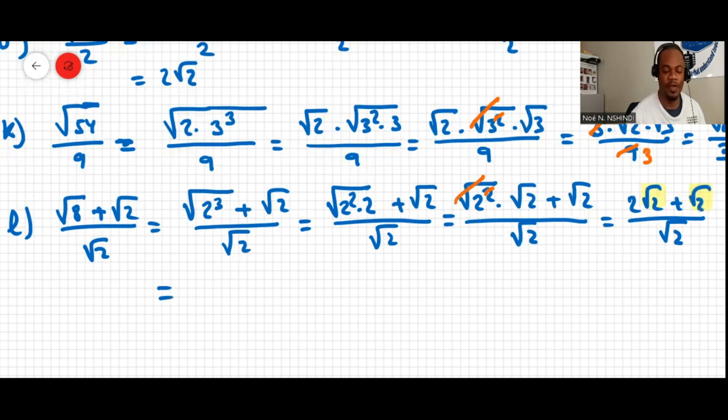We can take it as a common factor, and then it's going to be root 2 open brackets, close brackets. There it's like 2 plus 1, okay, because there is an invisible 1 over there by root 2. Now all over root 2, and then the root 2 here can be simplified, and the answer is just equal to 3. Okay.